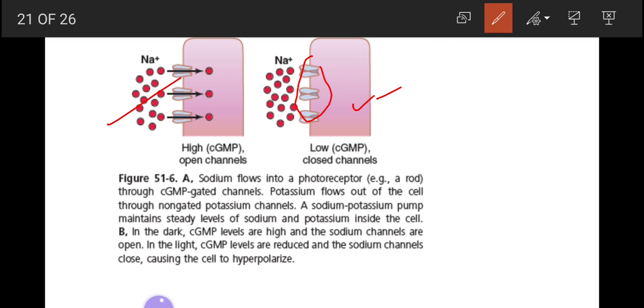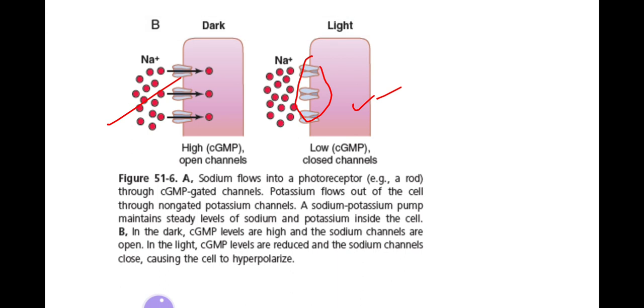In the dark, cyclic GMP levels are high and the sodium channels are open. In the light, cGMP levels are reduced and the sodium channels are closed. As the sodium channels are closed, no positive ions can go inside, and this will cause hyperpolarization of the rod.